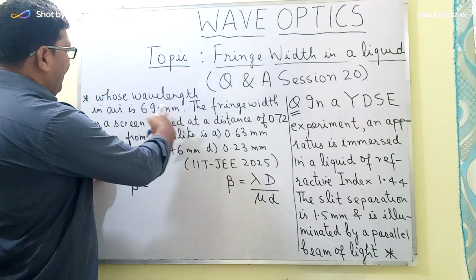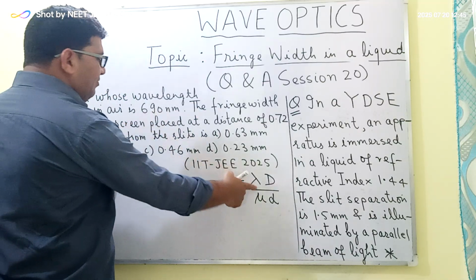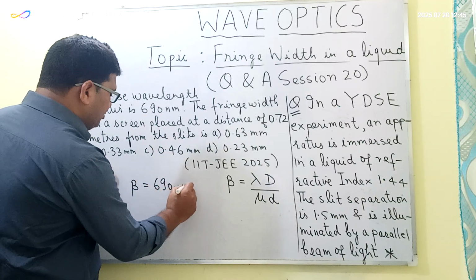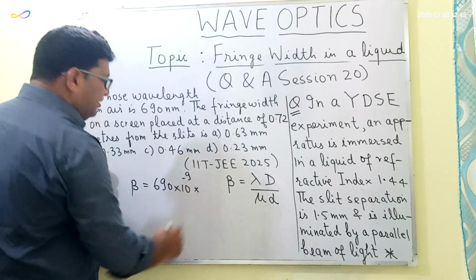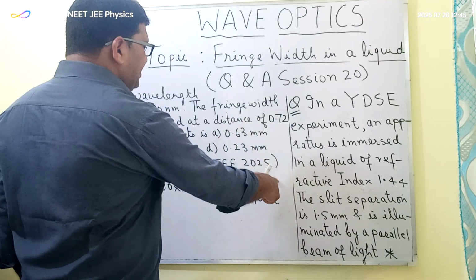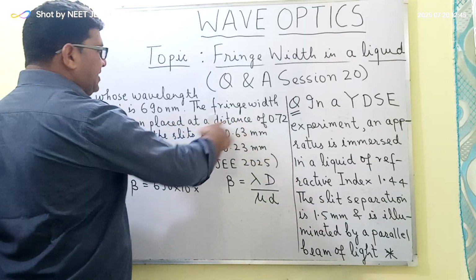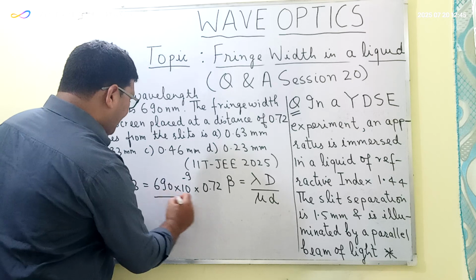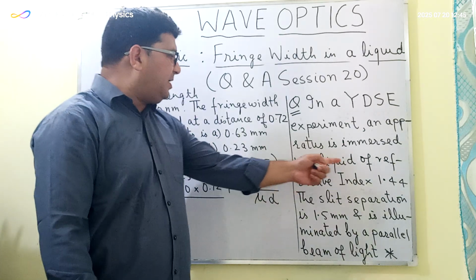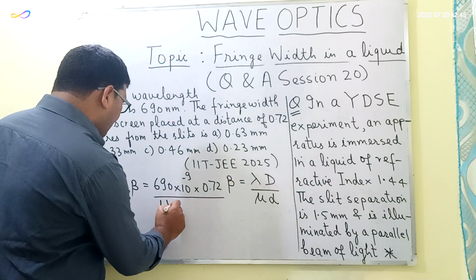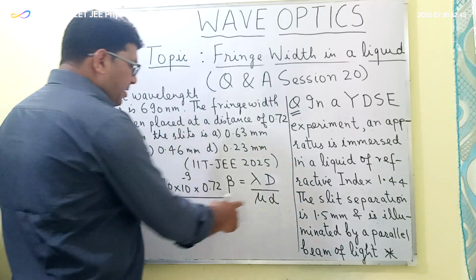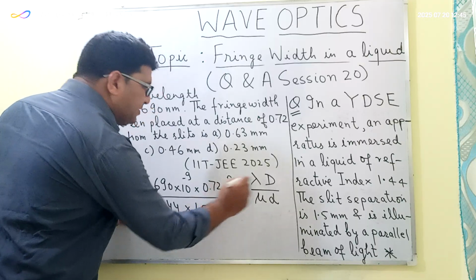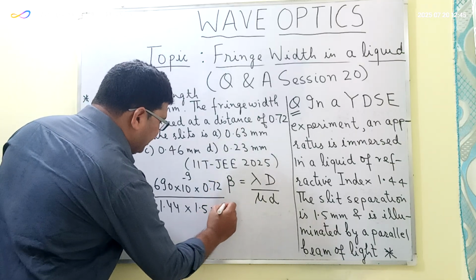Here lambda is in nanometers, the wavelength 690 nanometer, so I will convert this into meters: 690 into 10 to the power minus 9, into D. D is the distance between the slits and the screen, which is equal to 0.72, divided by mu, the refractive index of the liquid, which is 1.44, into d, the separation between the slits, which is 1.5 millimeters. I will convert this into meters.